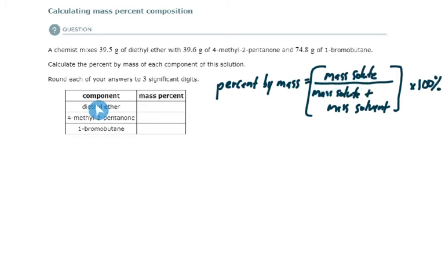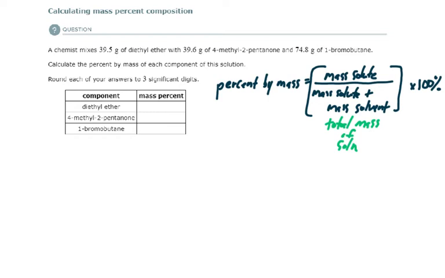The mass of my solute would be whatever the mass of diethyl ether I have, and I'm going to divide that by its mass plus the mass of the solvent. That would be the total mass of the entire solution. Solution is abbreviated SOLN. And then I'm going to multiply it by 100. Why am I going to multiply it by 100? Because a percentage literally means out of 100. Okay? So let's do these three examples here.